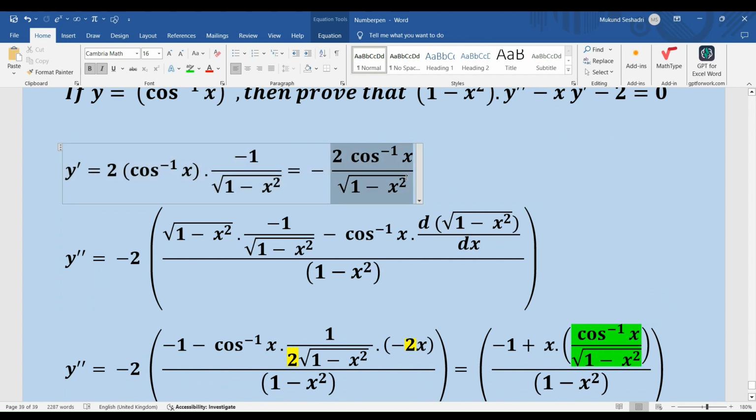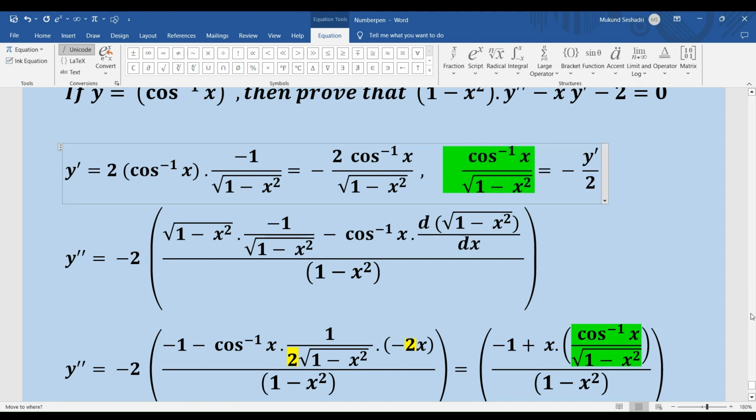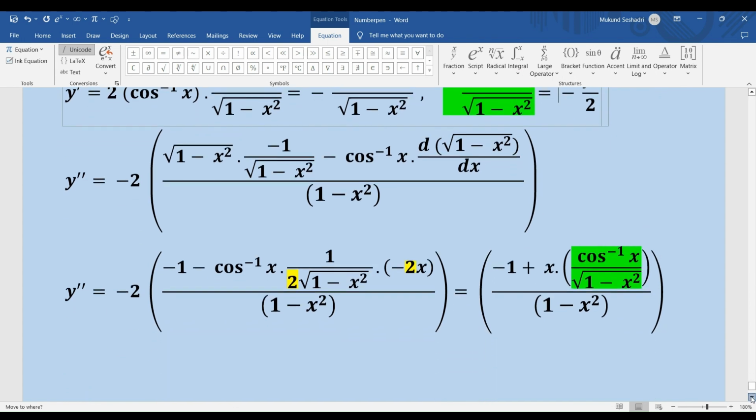So what is this? My y dashed, right? And what is my y dashed? It is minus 2 times cos inverse of x divided by square root of 1 minus x square, right? So let me copy this here. This expression, cos inverse of x divided by square root of 1 minus x square, is nothing but minus y dashed by 2, right?